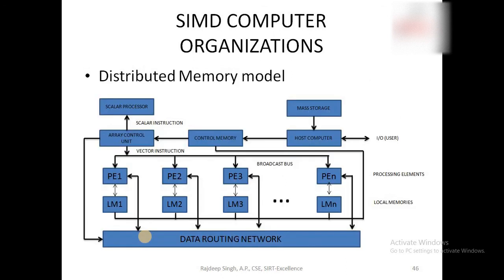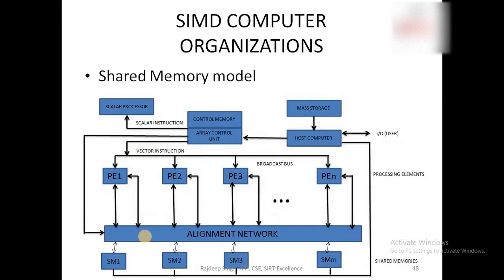The data and instructions are loaded into the control unit. This control unit will decide after decoding whether the instruction is scalar or vector. If it is scalar, it will be executed by a scalar processor. If it is vector, it will be distributed among processing elements. Now the difference starts here: if the processing element has its own local memory, it is called the distributed memory model, and if the processing elements share the shared memory module, it is called the shared memory model.